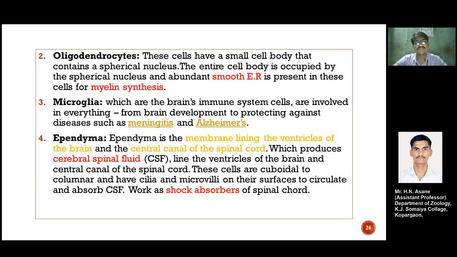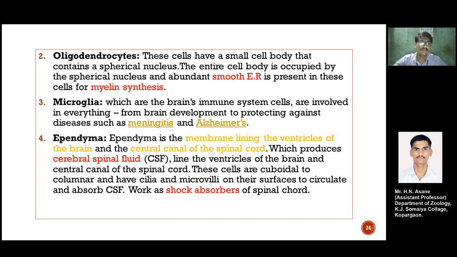The cell body of these oligodendrocytes has abundant smooth endoplasmic reticulum, which is present for myelin synthesis. As we all know, myelin sheaths cover the axons as a coating or insulator. The production of this myelin is done by the oligodendrocytes.